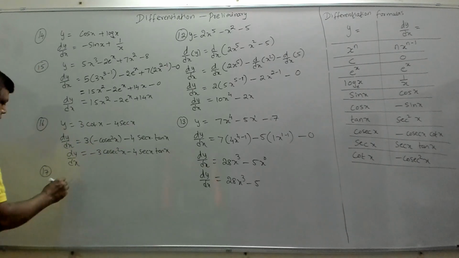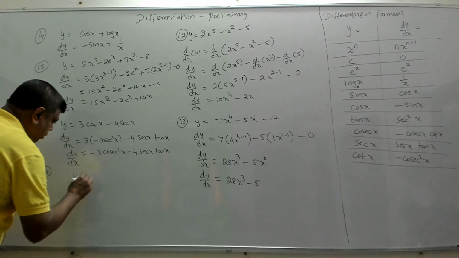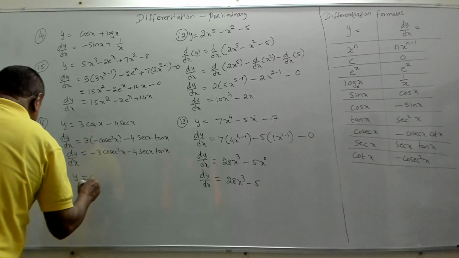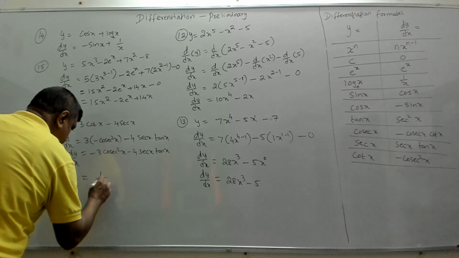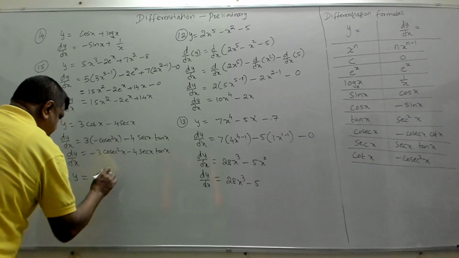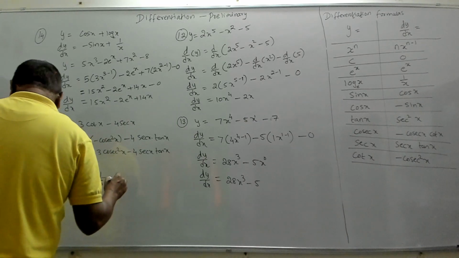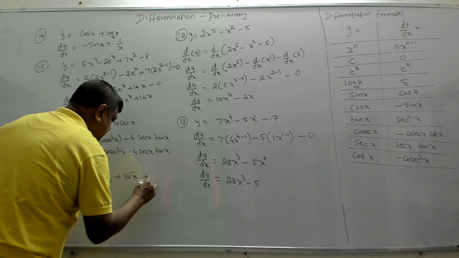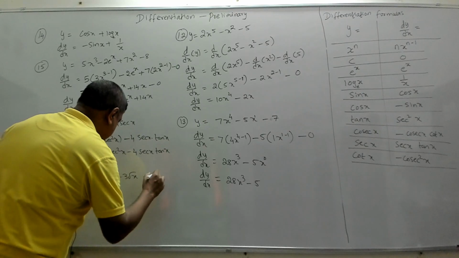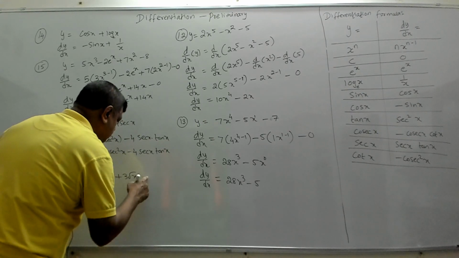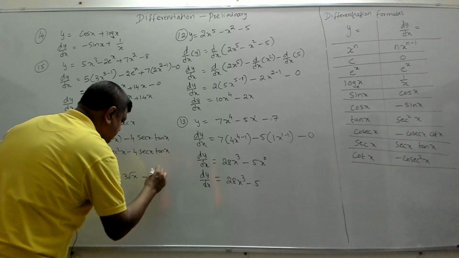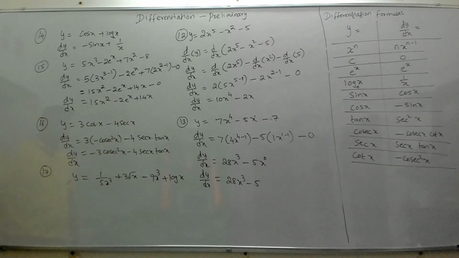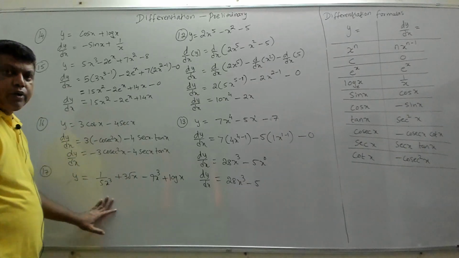Y is equal to 1 by 5 x cube plus 3 into square root of x minus 9 x cube plus log x. Now we have to find the derivative of this.